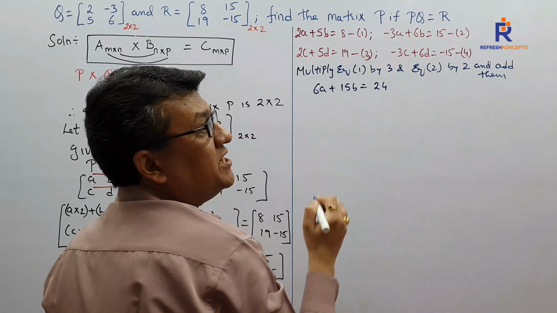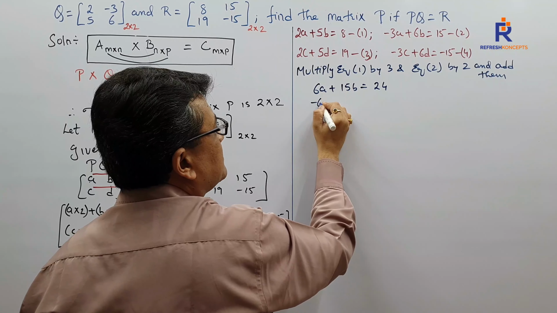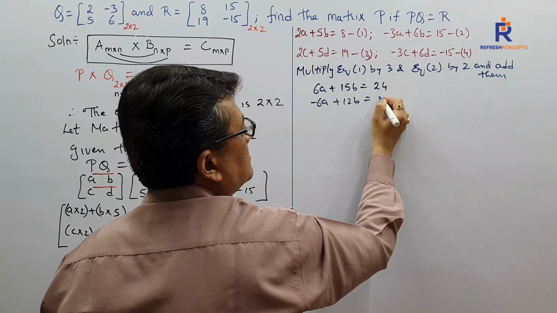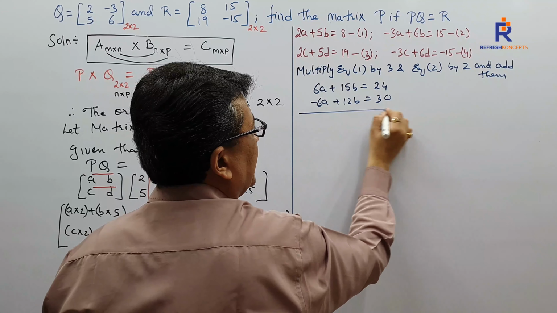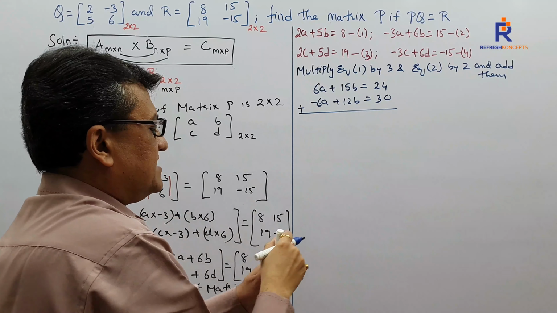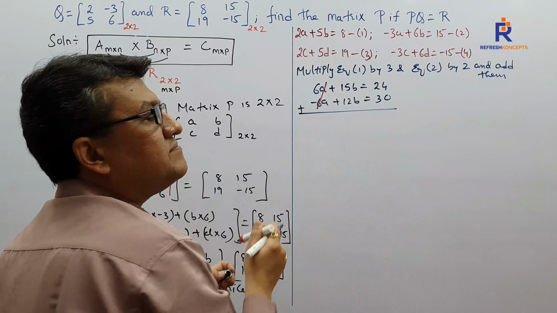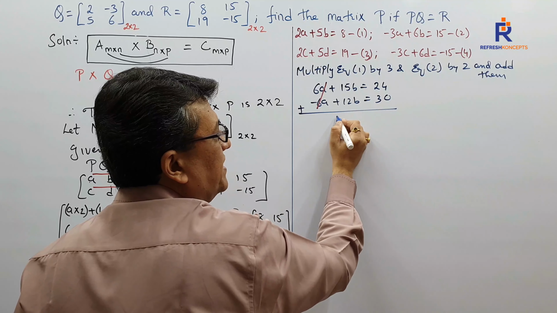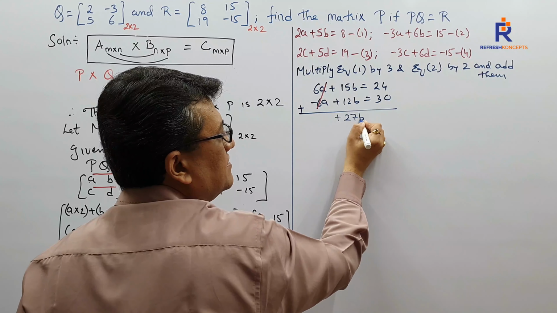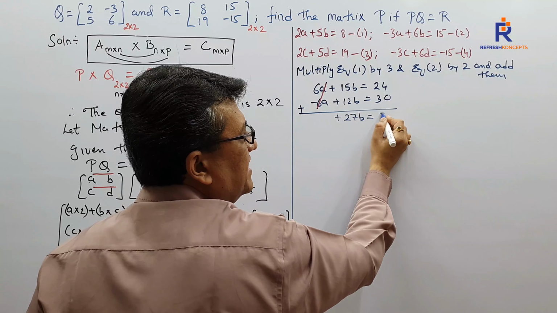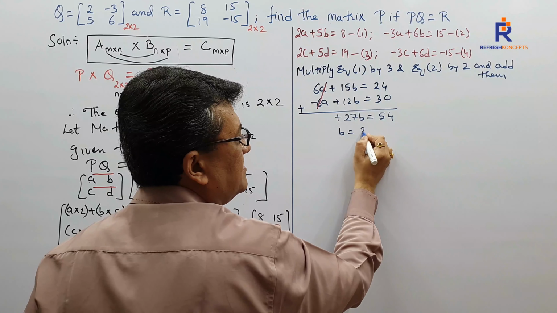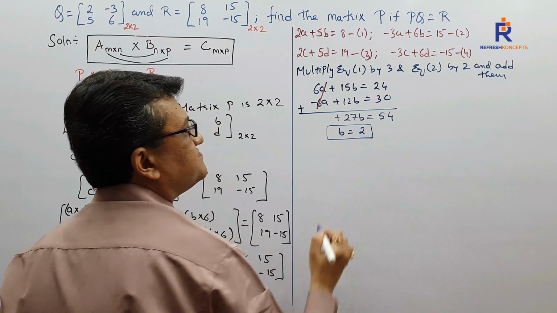I'm multiplying this by 2, minus 6A plus 12B is 30. Since I'm adding, 6A cancels off. 15B plus 12B is 27B, 24 plus 30 is 54. B turns out to be 54 by 27. B turns out to be 2.